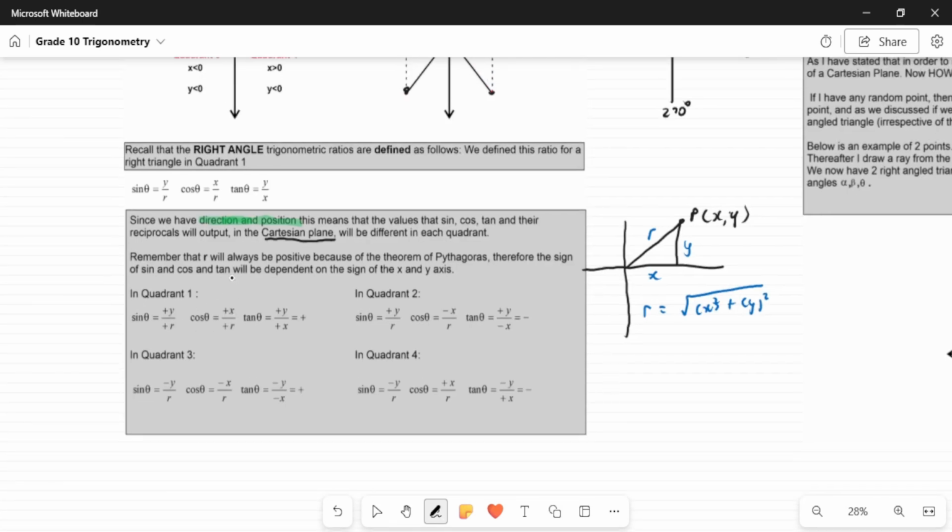When you're looking at all of these signs, as I've stated, these signs are merely for direction, because when we utilize the Cartesian plane, we must ensure that we state both the magnitude and the direction. What these signs are doing is showing you the direction of whatever we are talking about. It's showing you the direction of this point, where that point is located.